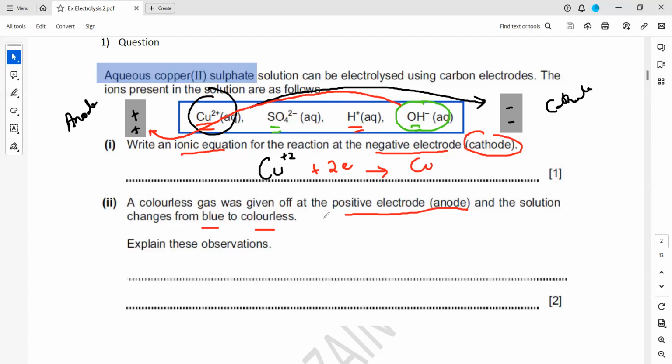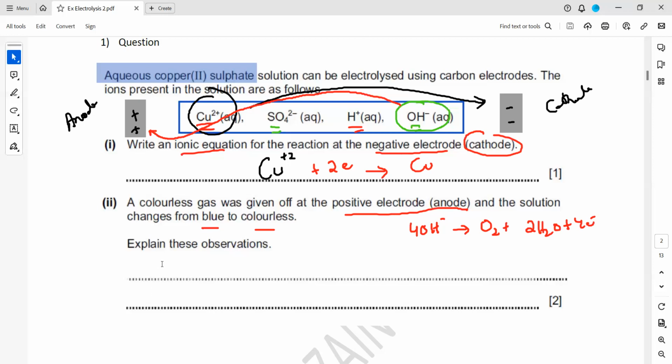When hydroxide ions move there, we have a fixed equation: 4 hydroxide ions give off oxygen, they produce two water molecules, and they lose four electrons. So, explain the observation that a colorless gas is given off. What is this colorless gas?